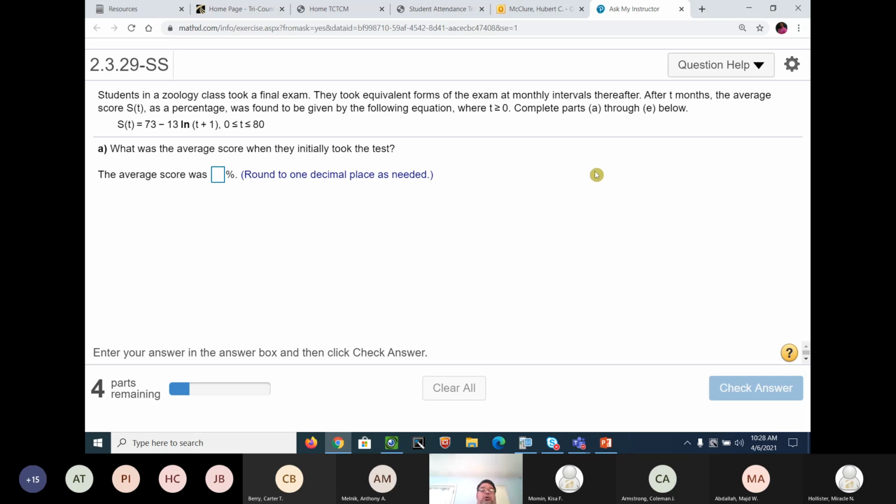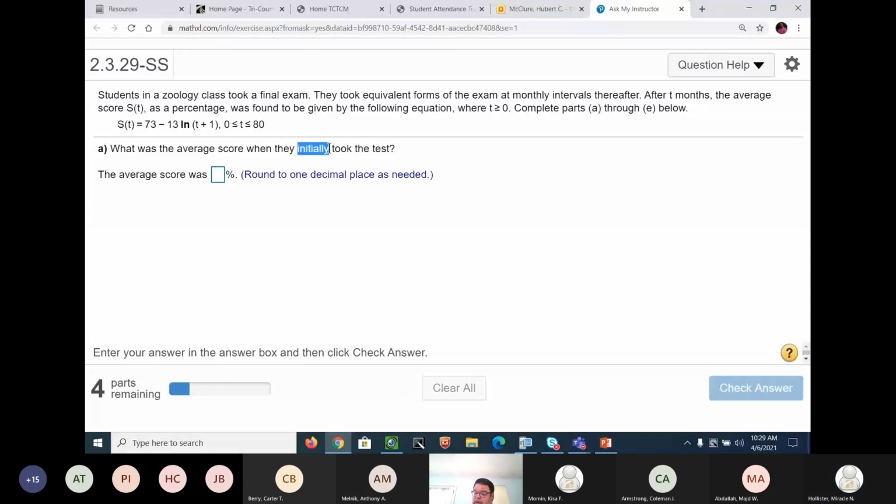Now, I can tell you right now that this is a science class, so you're going to use the derivative in here somewhere, because that's why we have first, second and third derivatives for science classes and physics classes. But this word initially, can somebody tell me what initially means? When they first took it, so t would be 0.